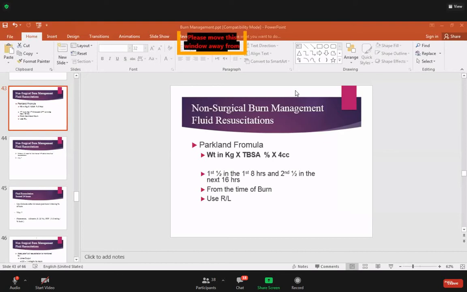So we divide the time into 3 parts: in one third of the whole day, or 8 hours, we give half of the fluid, and in the next 16 hours of the whole day, we give the rest. And we calculate it from the time of burn, not the time the patient presents in the emergency. And we use Ringer lactate for it.